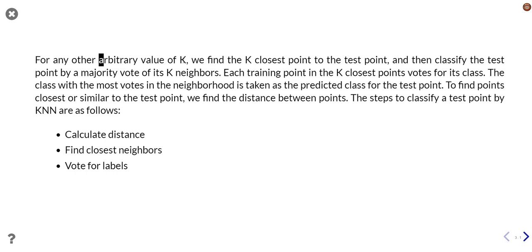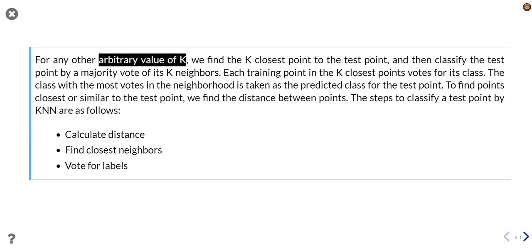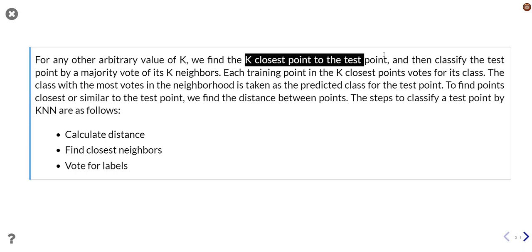For any other arbitrary value of K, we'll try to find the K closest points to the test point. K does not necessarily need to be 1, it can be more than that. As you choose the number of K points, there is a way of finding out what the best K is. We will see that at a later point of time.